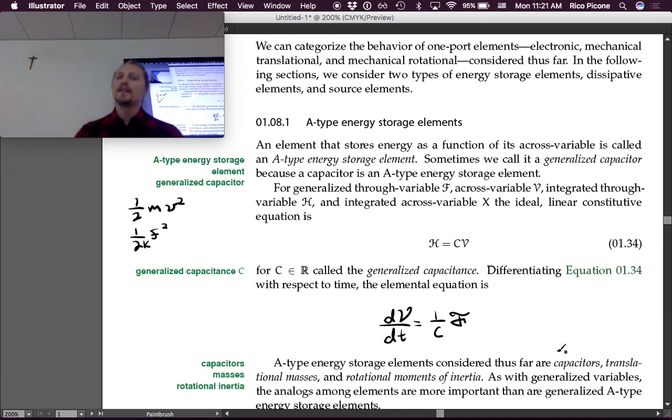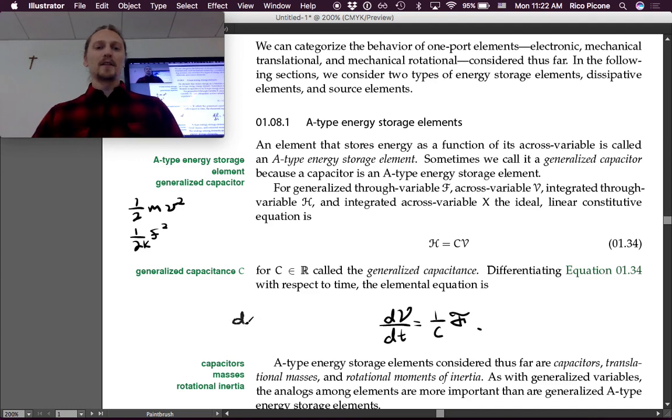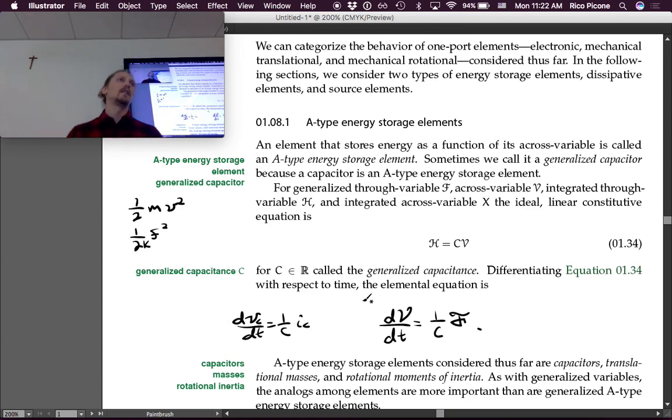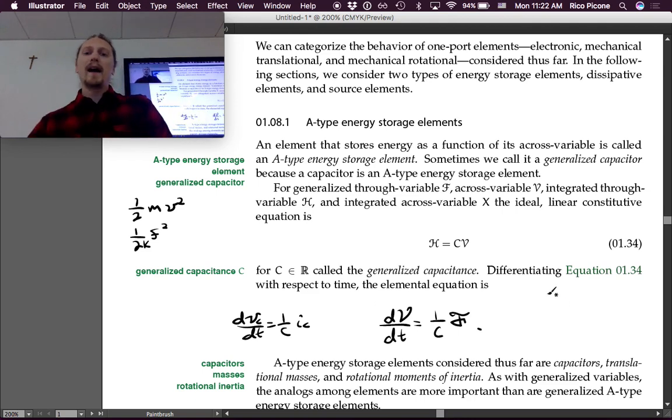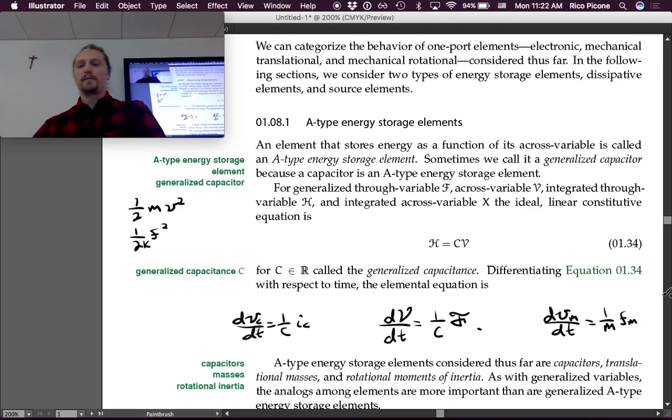So this equation is like, if we had an electronic circuit, it's like for a capacitor, dVc/dt equals 1 over c times Ic, right? Or if this was a mass, this is going to be dVm/dt, velocity of the mass, m, equals 1 over m times Fm.